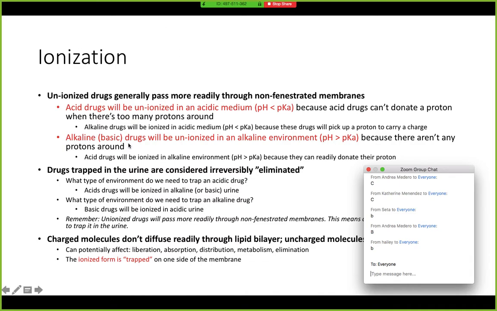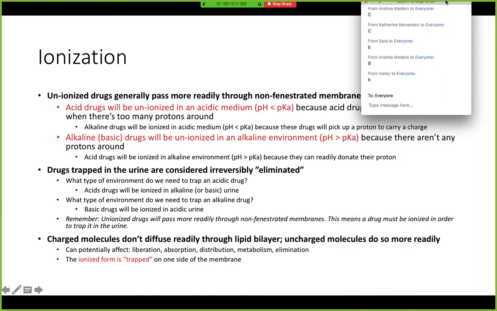Whereas alkaline drugs are going to be unionized in an alkaline environment because there aren't any protons around. Alkaline drugs will be ionized in an acidic medium because these drugs will pick up a proton to carry a charge. And acidic drugs will be ionized in an alkaline environment because they can readily donate their proton.